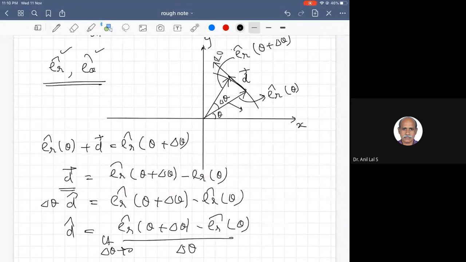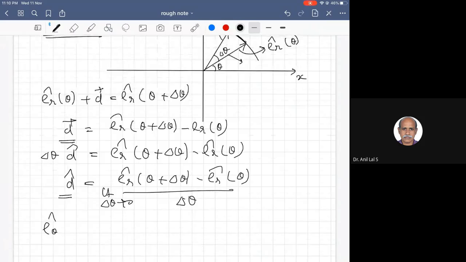That is the tangent vector. The tangent vector is basically the e theta vector, and we are talking about a unit vector. So this d cap is the e theta vector, and this differentiation is dou er by dou theta.